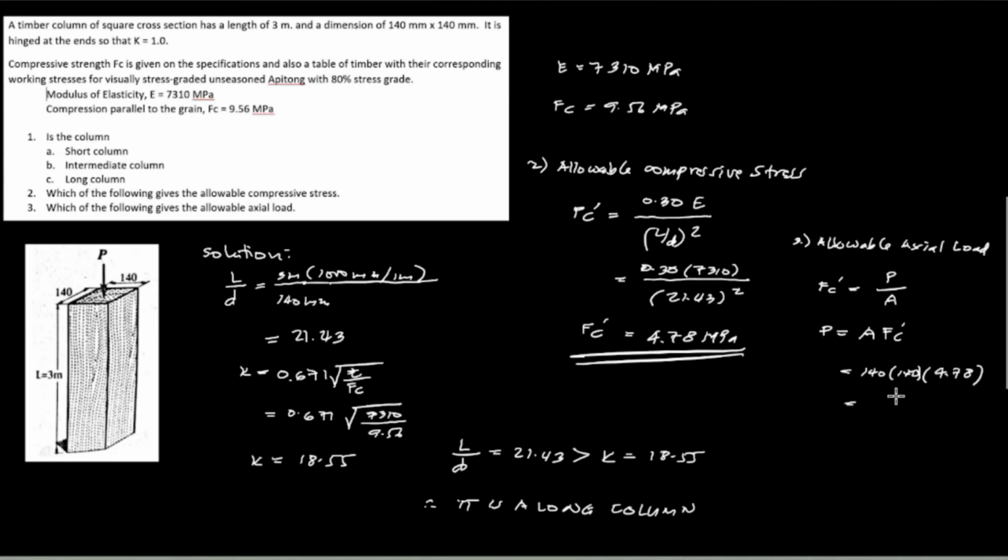And the value for P is equivalent to 33,688 Newton, or in terms of kilonewton, we divide by 1000, or it is 33.69 kilonewton. So P, or the allowable axial load, is equal to 33.69 kilonewton, and this is the answer.